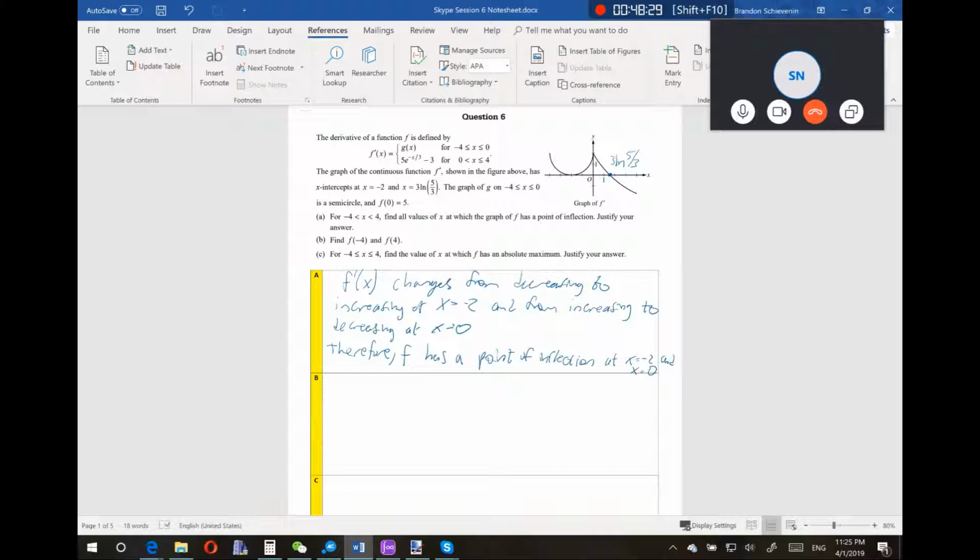Okay, perfect. Part B, we need to find f of -4 and f of 4. So I'm going to do the same thing we did last time. We're going to go from a start point and then add our change in y value. So if I wanted to find f at -4 first, what's my start point?